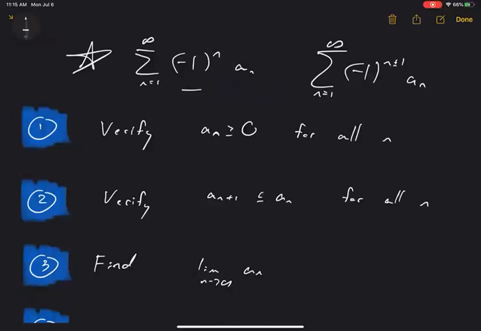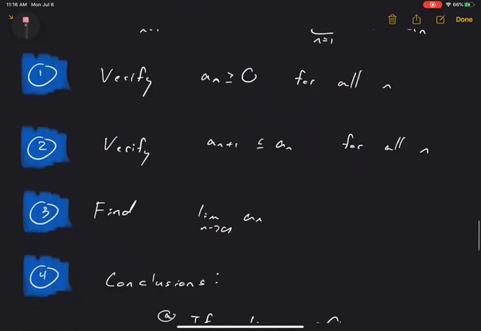So again, going back to that example, -1 to the power n, 1 over 2 to the n, I have my alternating sign part, this -1 to the power n, and then the rest, this 1/2 to the n, needs to be greater than or equal to 0. Okay? So that's my first condition. I verify that.